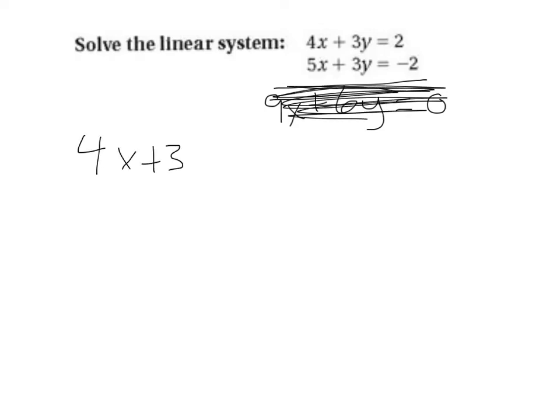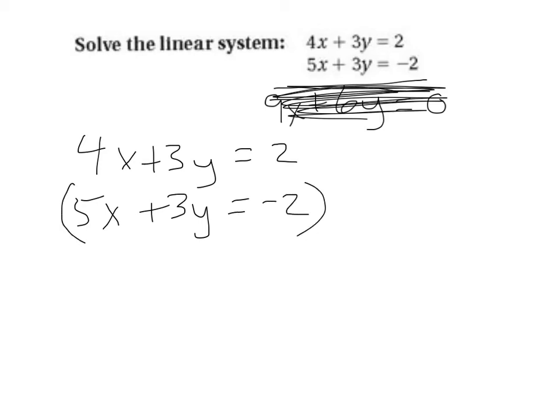4x plus 3y equals 2. Then we have 5x plus 3y equals negative 2. What if we were to subtract the second equation from the first? When we do that, be careful. You've got 4x. Always go back to this minus sign. You've got 4x minus 5x.